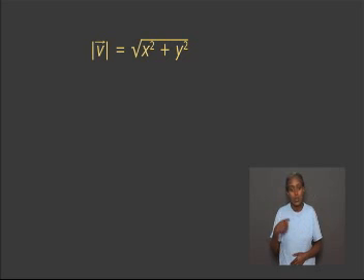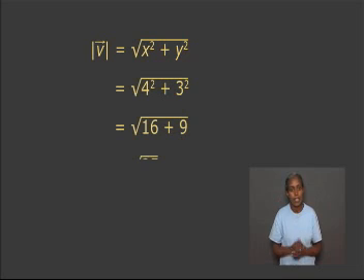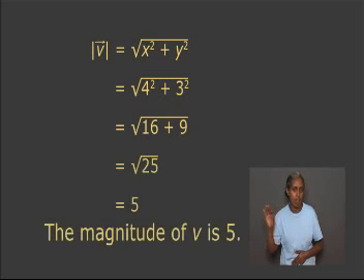Hello, students. Let us see how you fared in this exercise. I am sure you had no trouble. We know that the magnitude of vector v is expressed by the square root of the sum of the squares of its coordinates. Since the coordinates in this case are 4, 3, the squares are 16, 9.